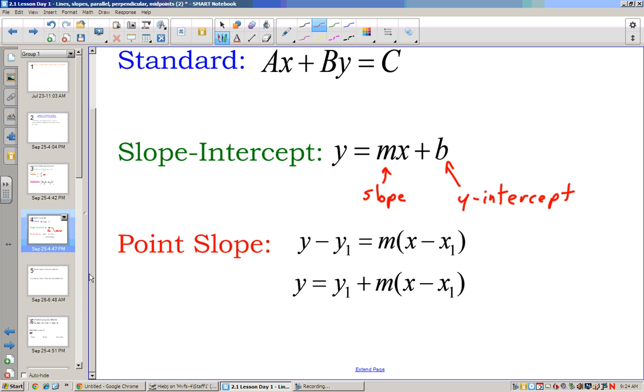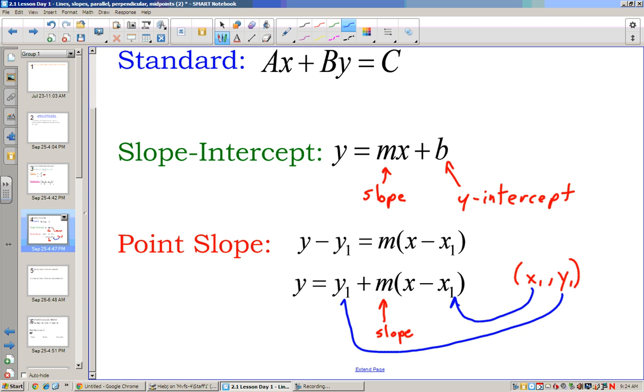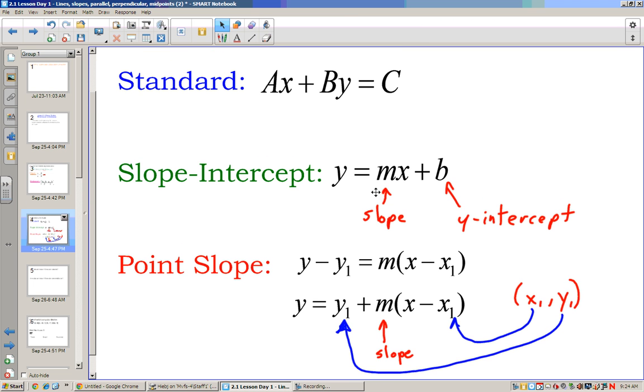Now we have point-slope form, where m again is the slope, but we have a point, x1, y1, which we put into the equation there and there. We'll do much more work with this on the second day of this lesson, but today we're just showing you the equations, so make sure you have these written down, and if you need to pause the video, go right ahead.